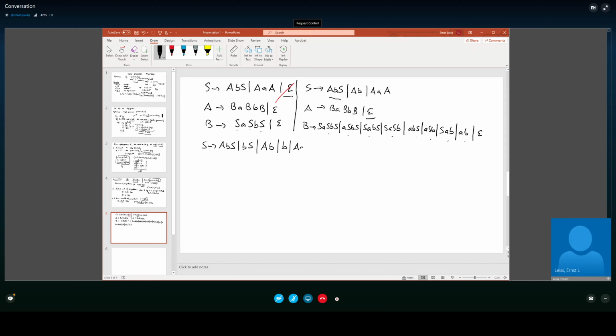If I don't replace the A by epsilon, either one of them, I get A, little a, A. If I do replace the first one, I get little a, capital A. If I replace the second one, but not the first one, I get capital A, little a. And if I replace both of them, I get little a, nothing else.